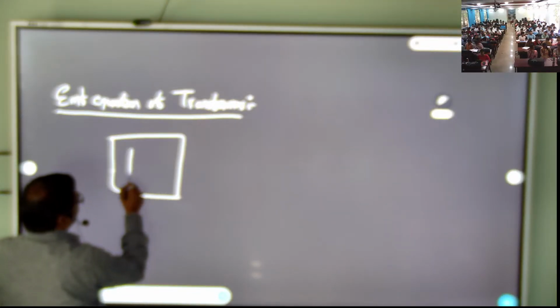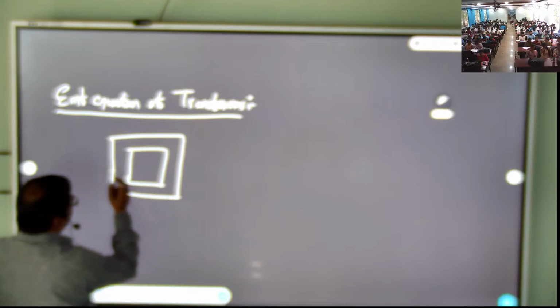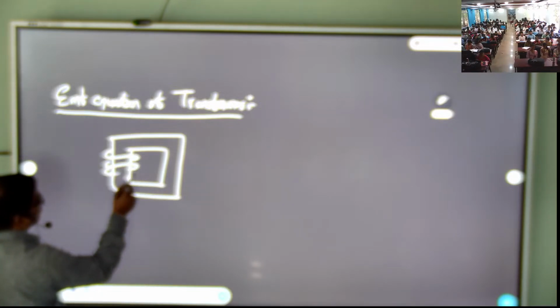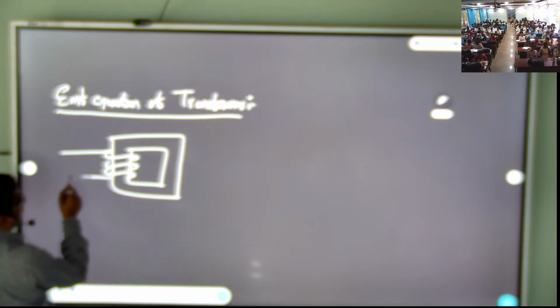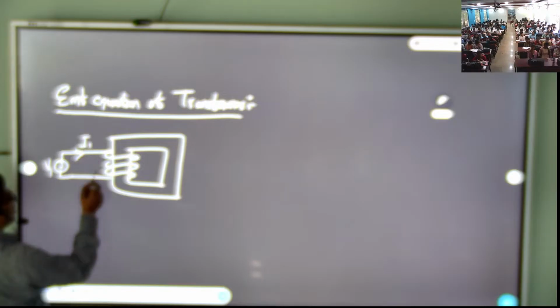Transformer, it is in the square. In the primary winding, we are applying AC voltage, AC current V1, I1, E1, the induced EMF. Flux is flowing in the clockwise direction in the core.